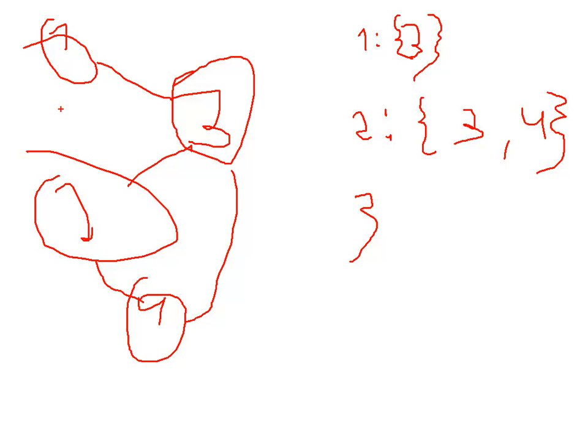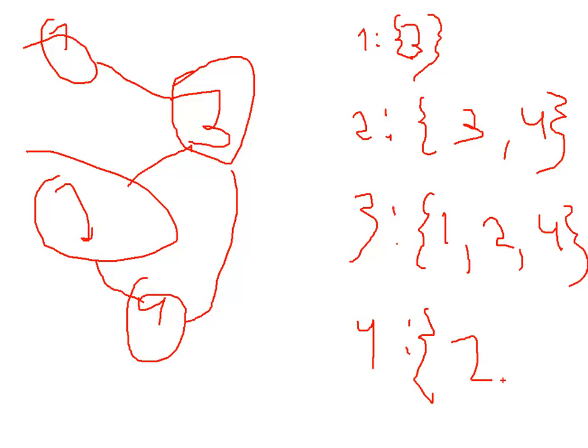The adjacency list means which are my neighbors. 2's neighbors are 3 and 4, or 2's friends, or whatever you call them. 3 is connected to everyone, so it has 1, 2, and 4. It's not really obligatory to sort them. I'm sorting them here, but it doesn't matter. Okay, so 4 has a connection to 2 and 3. That's an adjacency list, and that's how you build it.